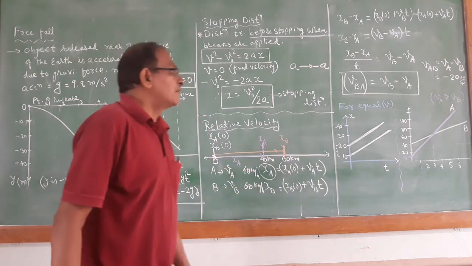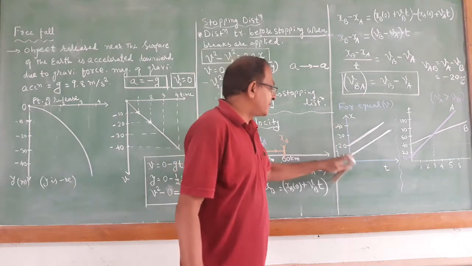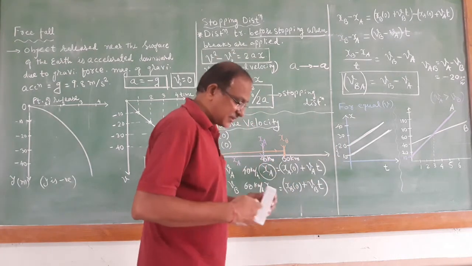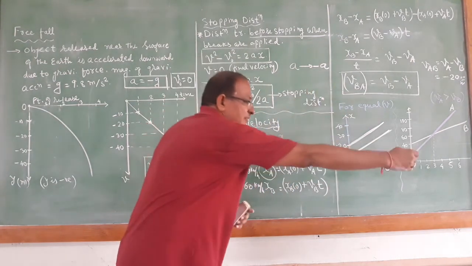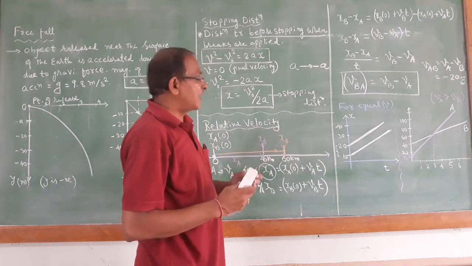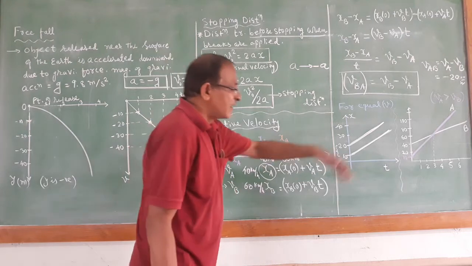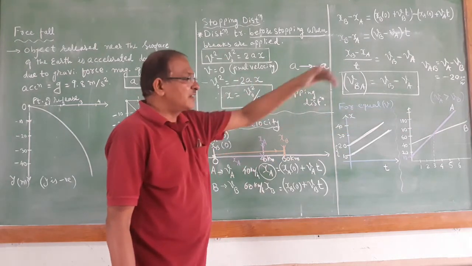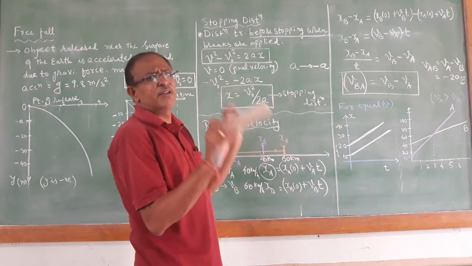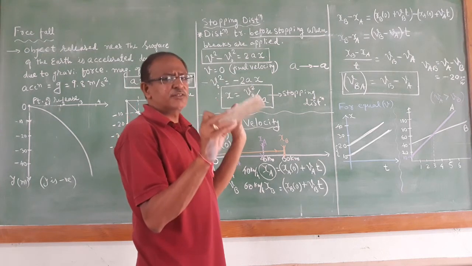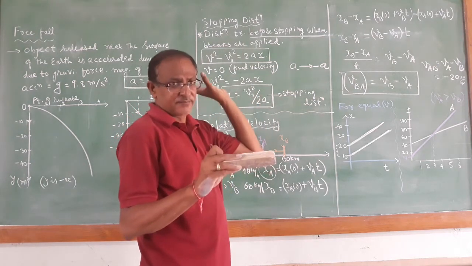Okay. Now, if both the objects, one is here, the other one is ahead of me. So I am on the 10 meter mark, and my friend is on the 20 meter mark, and both are moving with constant velocity in one direction.